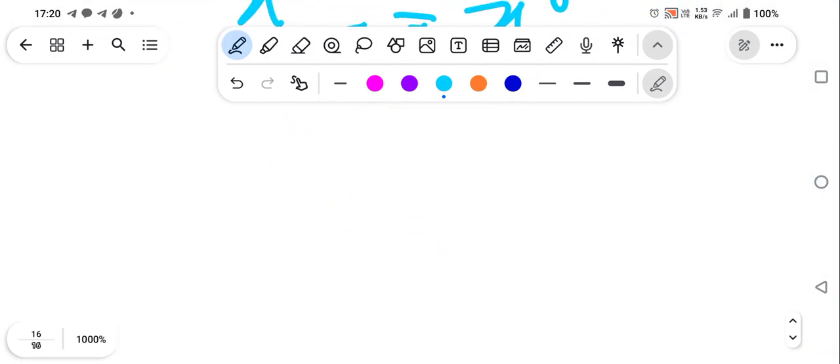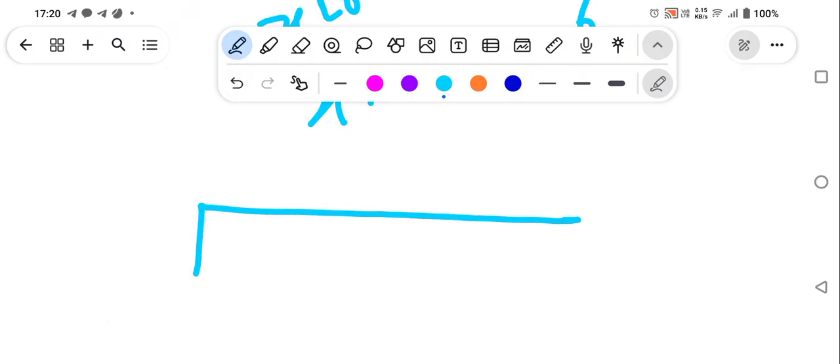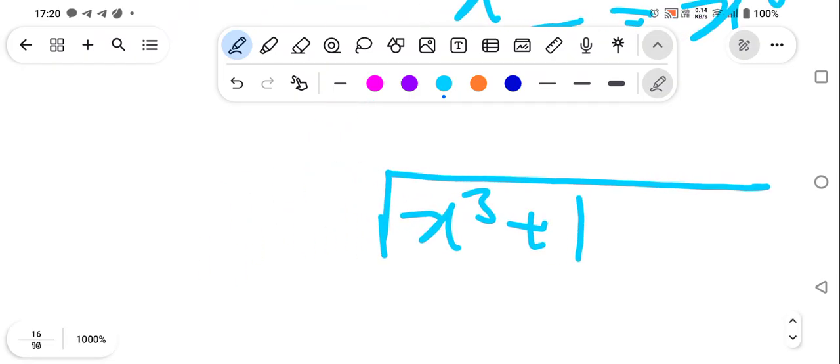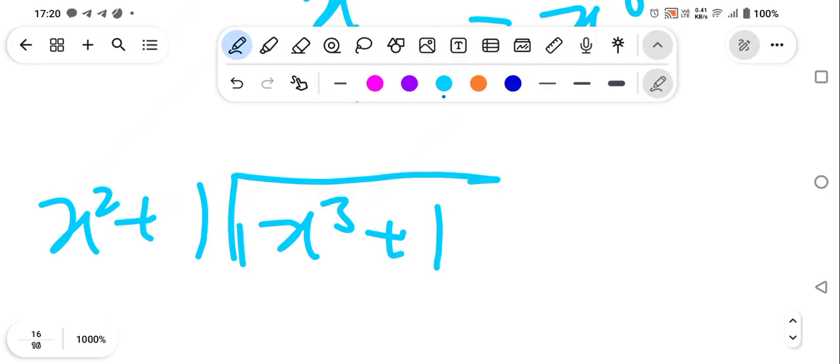Let's say x cubed plus 1 divided by x squared plus 1. Alright, what about this? We're gonna go through this step by step.